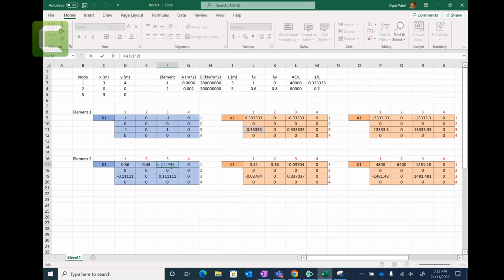And if you want, you can move this one to here. Here, you can move these two. In here, you can move these two guys here. In here, you can move these two.